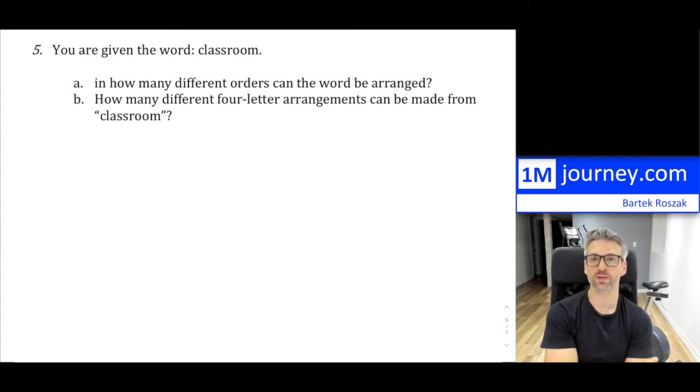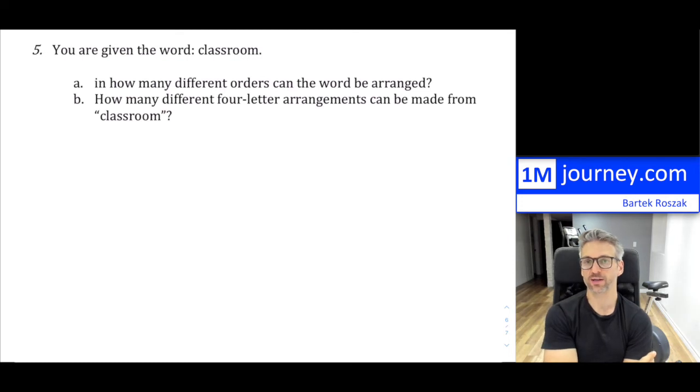If we wanted to count the arrangements, we can't simply say classroom has 9 letters, so the way to rearrange them is 9 factorial ways, which would be true. The only problem is that the S's are not distinguishable.